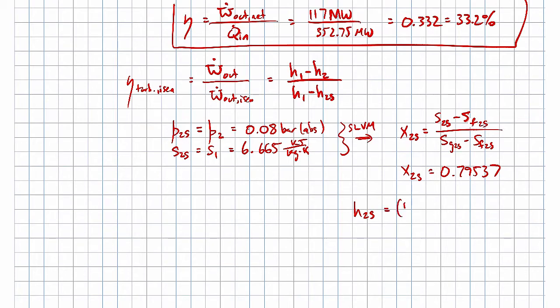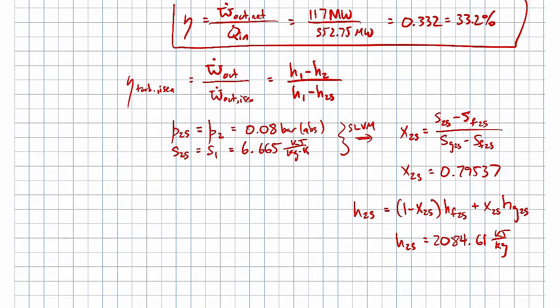And then from there, we can calculate H2S. H2S will just be 1 minus the quality at 2S times HF2S, plus the quality times HG2S. You've done this sort of thing before, so this shouldn't be surprising. When you work out the numbers, it comes out to be 2084.61 kilojoules per kilogram.